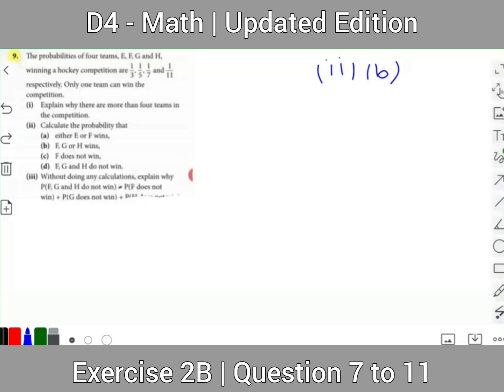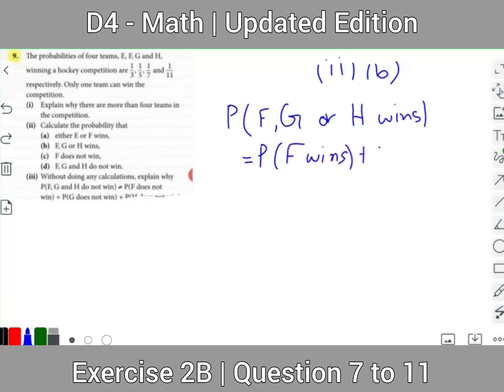Now, in the part B, we have to find out the probability that F, G, or H wins. So, to find out the probability of F, G, or H wins will be equals to the probability of F wins plus the probability of G wins plus probability of H wins.